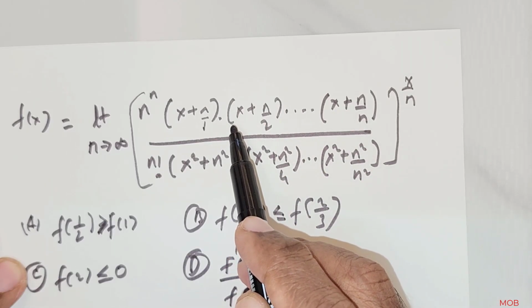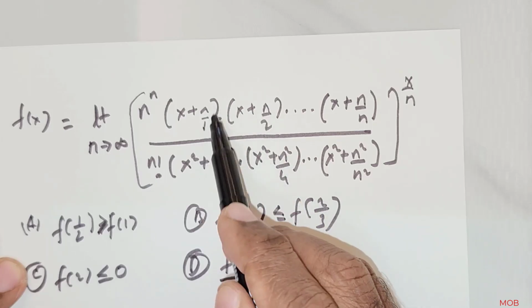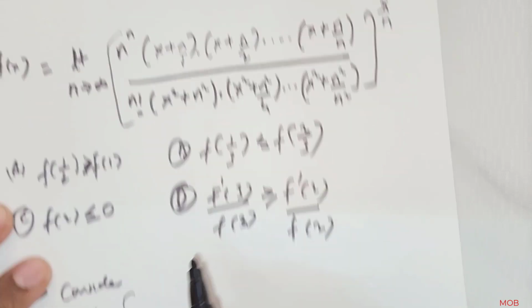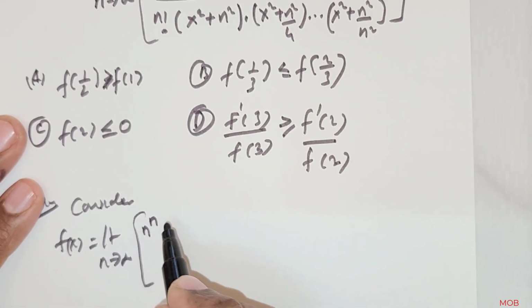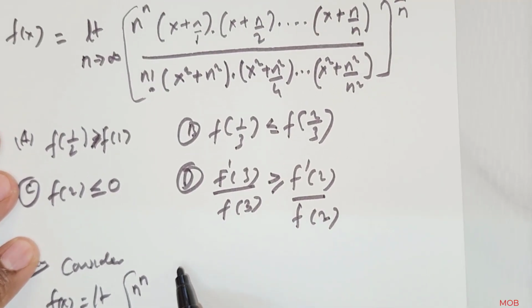So we are going to take this n out. I'm going to write this as n raised to the power of n, taking n over 1 out.